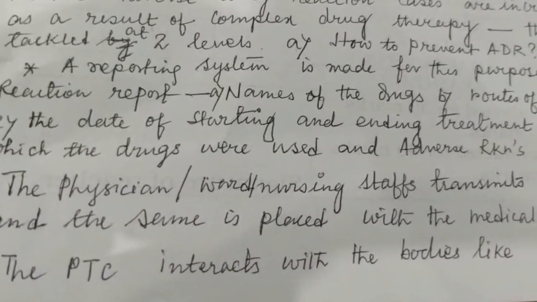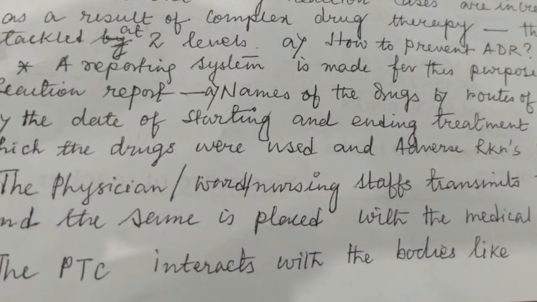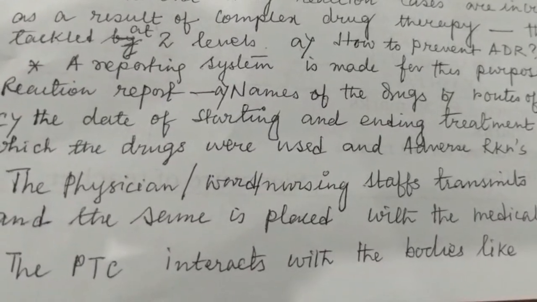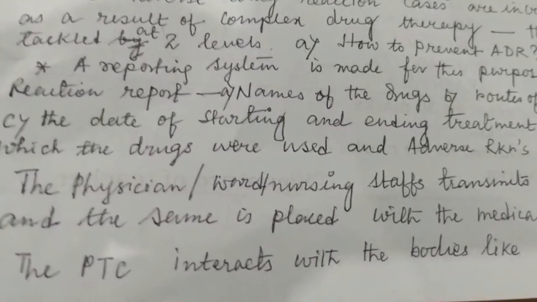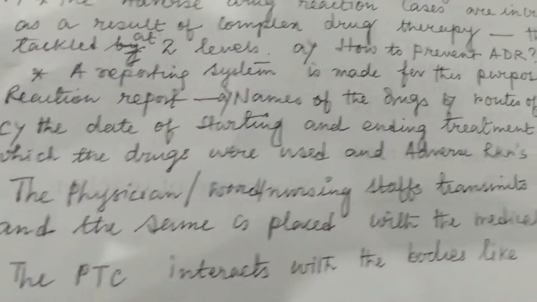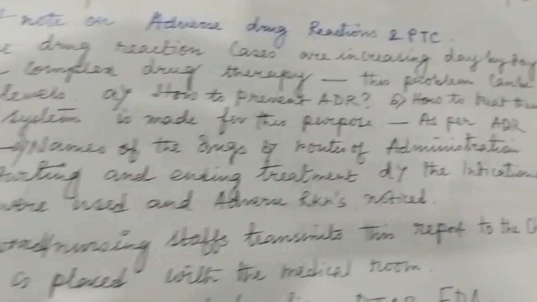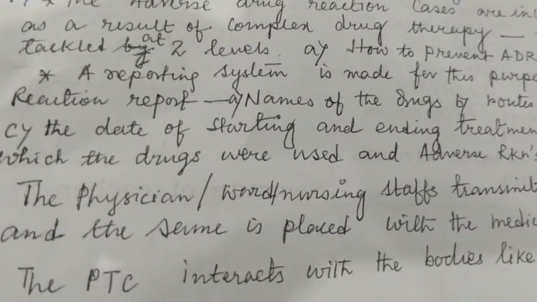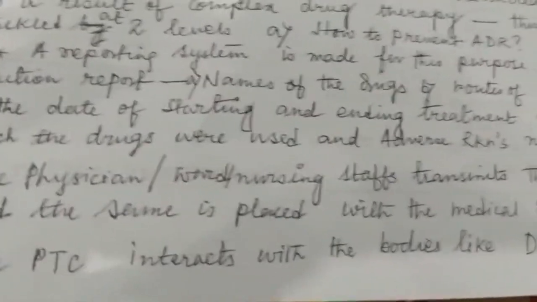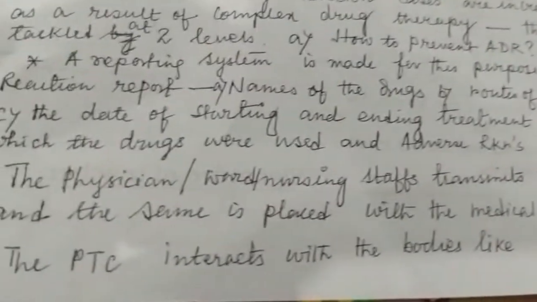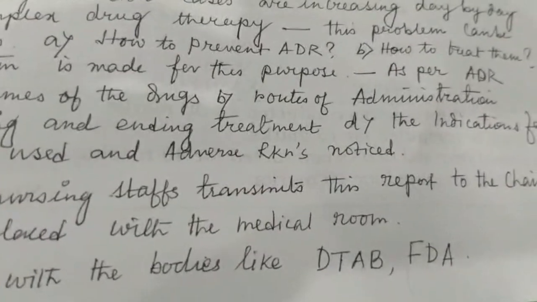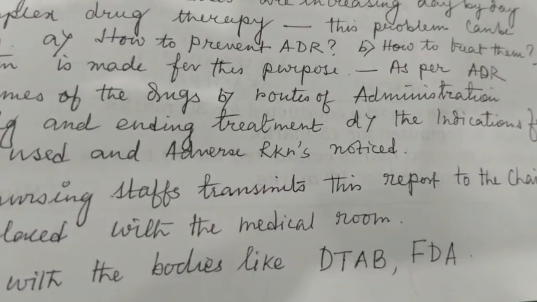When the report is prepared with the results and the procedures followed to tackle such adverse drug reaction, one report is transmitted to the chairman, and the same is placed within the medical room. Then the PTC interacts with bodies like DTAB and FDA.